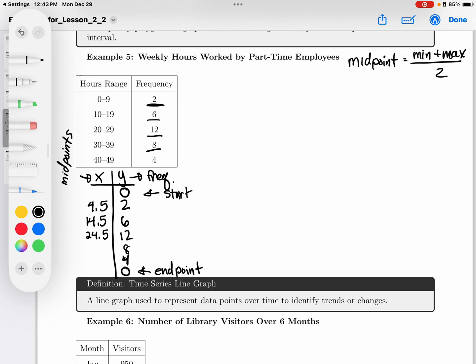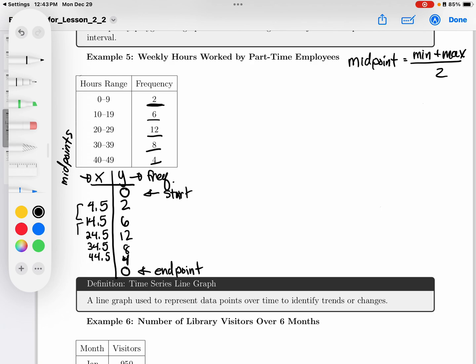I'm going to divide by 2, and that gives me 34.5. And then the last midpoint I have for the frequency of 4, I'm going to take 40 and 49. That gives me 89. And then when I divide that by 2, I'm going to get 44.5.